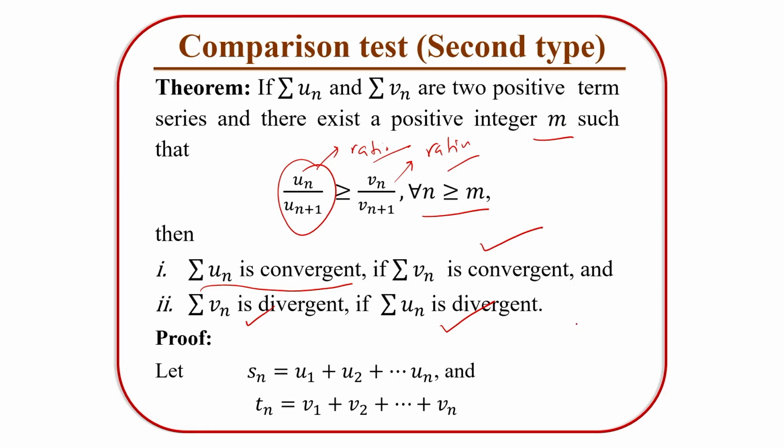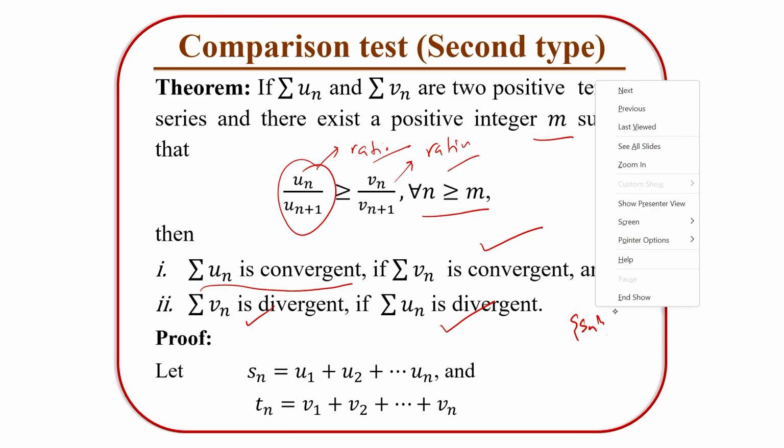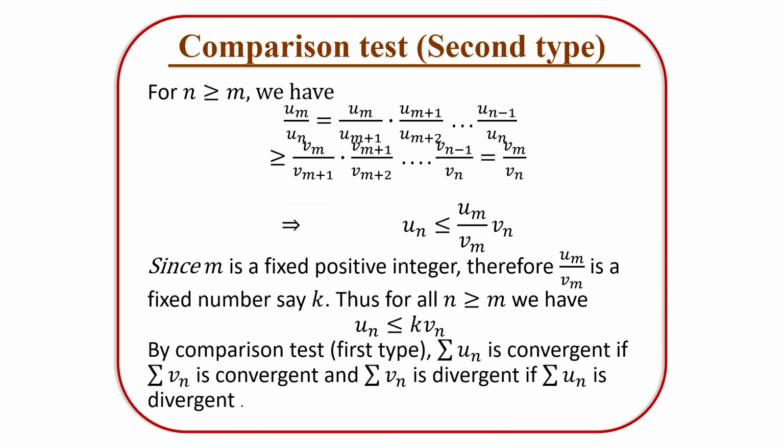Let Sn be the nth partial sum of the series un, and similarly Tn is the nth partial sum for the series vn, right? Then for n greater than or equal to m, we can have um divided by un.